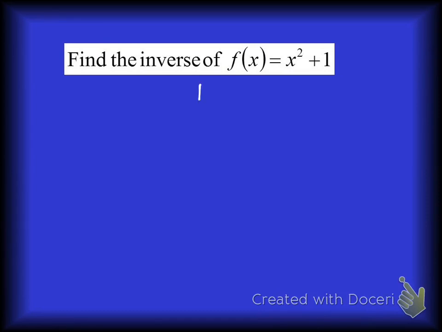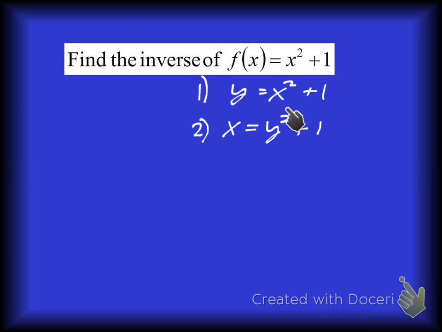So step number 1, f of x goes to y. Y equals x squared plus 1. Step 2, you change x and y's places. Watch this now. X equals y squared plus 1.